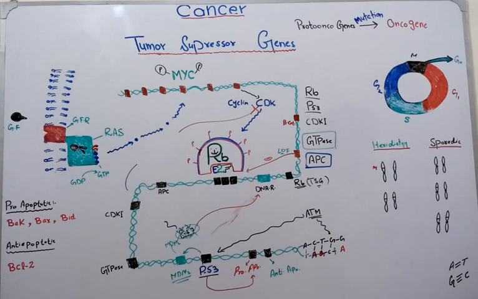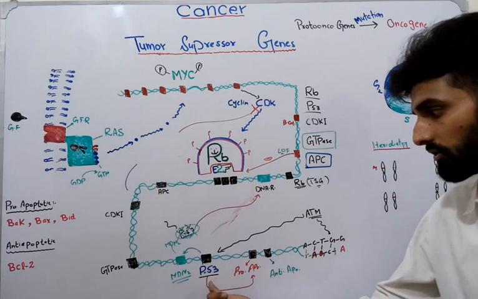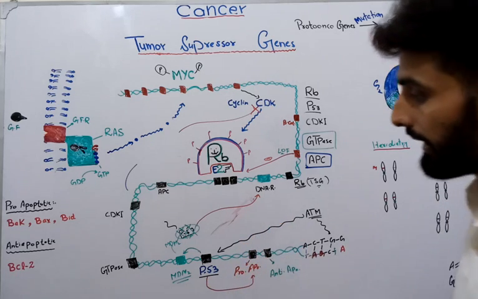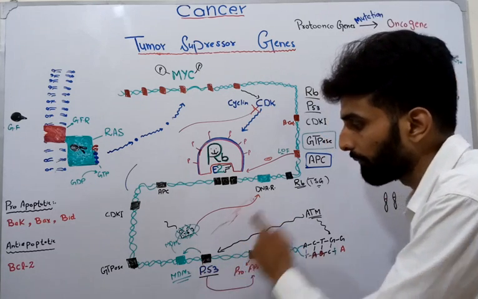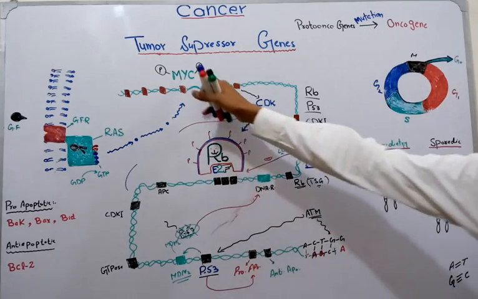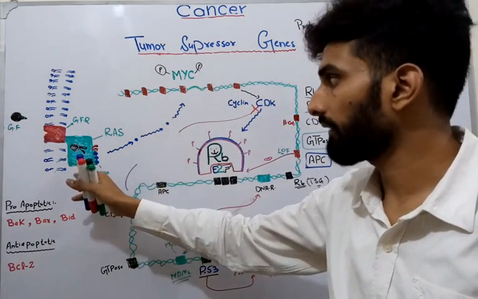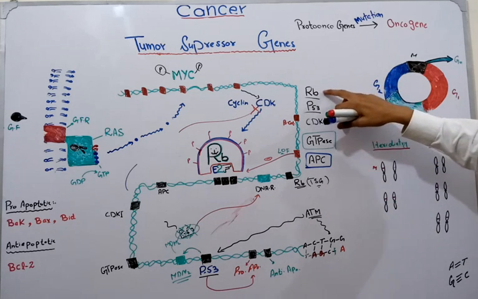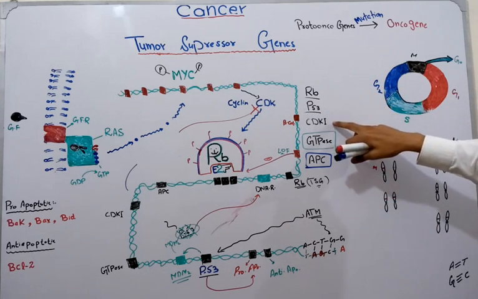So this is the reason these are very important genes, and a huge number of cancers have been discovered that happened because of a mutation in the P-53 gene. The P-53 gene, MYC gene, and RAS gene play a very important role in developing cancer. Okay. Well, now we have talked about the RB gene, we have talked about P-53 and CDKI.